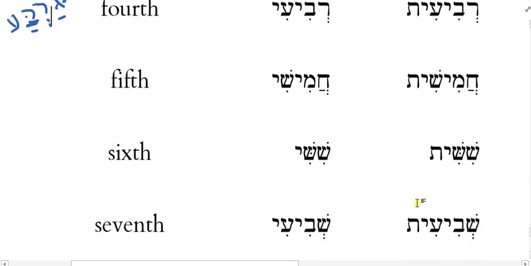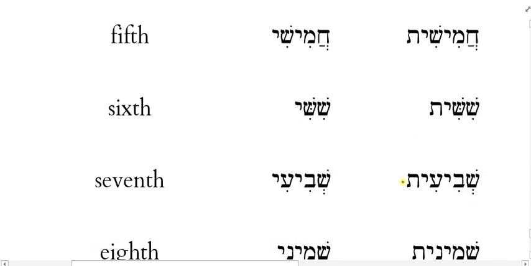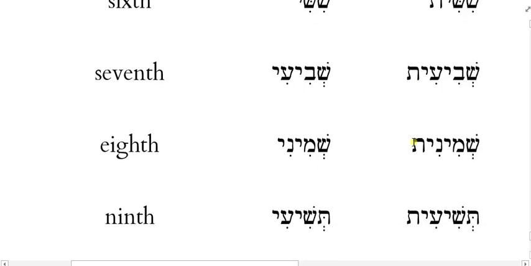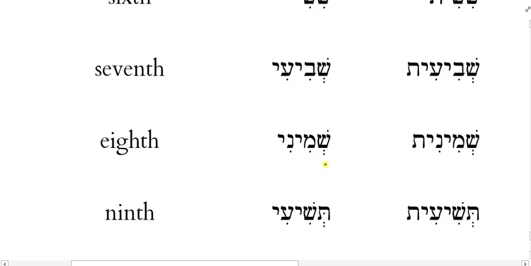For sixth, shishi and shishit, masculine, feminine. 7, shavi'i, the seventh. Shavi'it, seventh, feminine. Shimone is the number 8 cardinal, and the ordinal is shemini for masculine singular, sheminit, feminine singular.